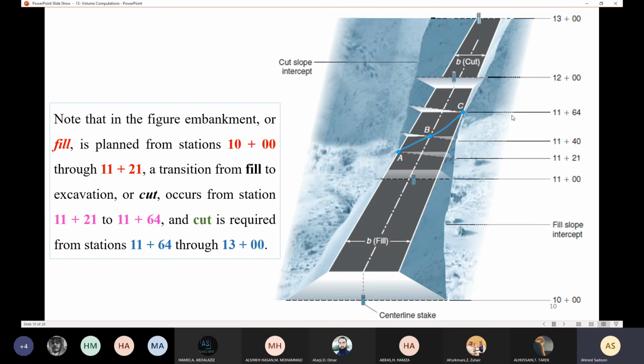So here we are going to have a part which needs to be filled and a part which needs to be cut, and also we're going to have transition stations.